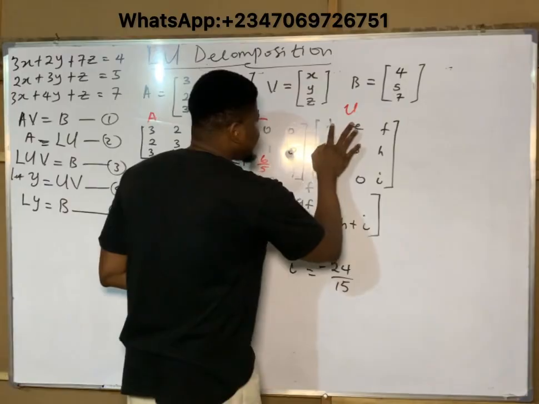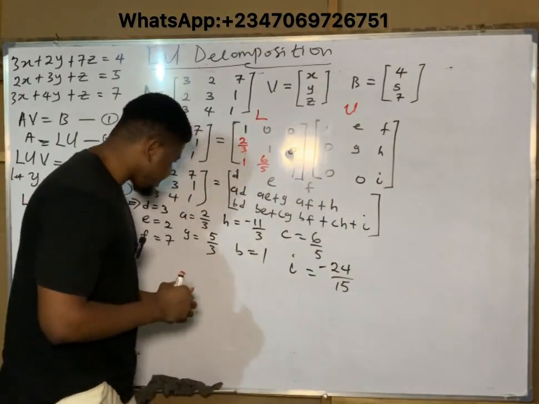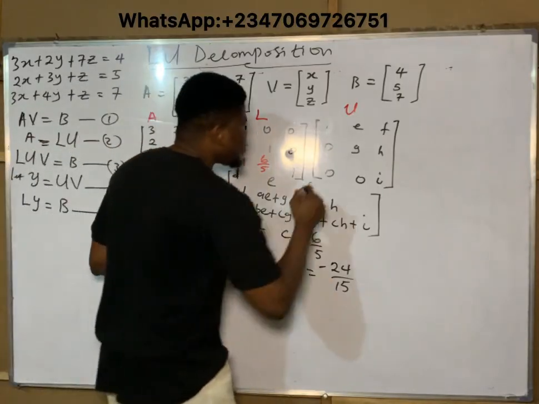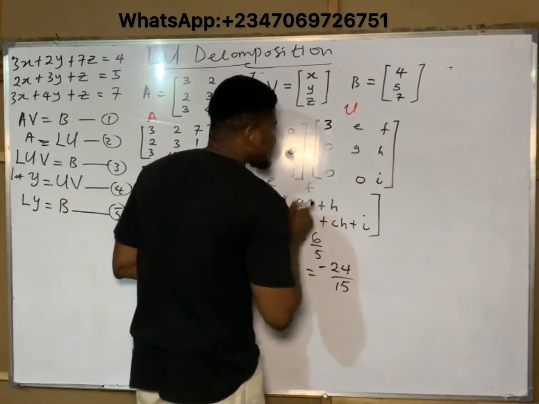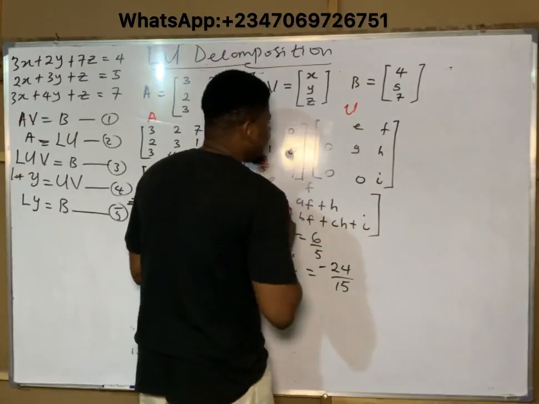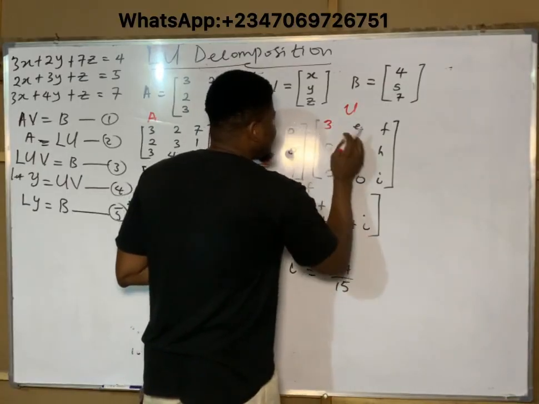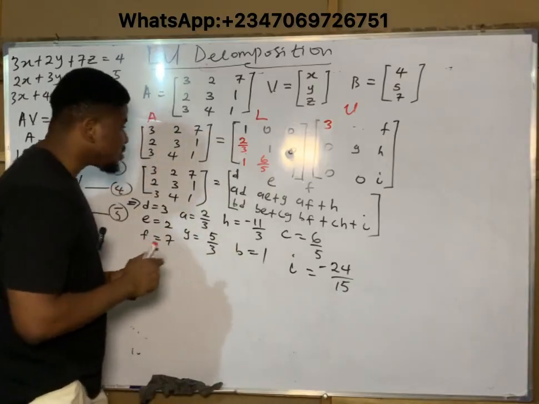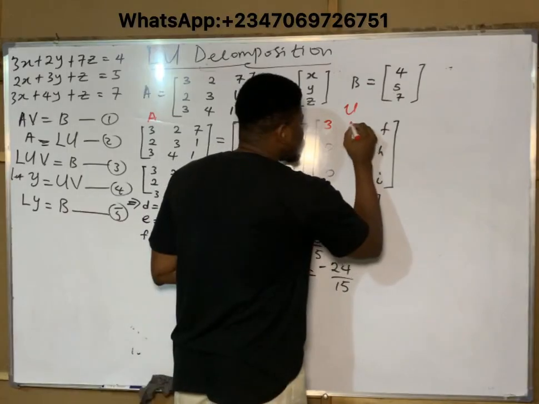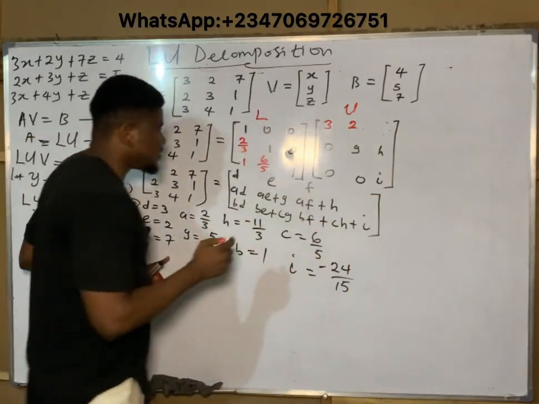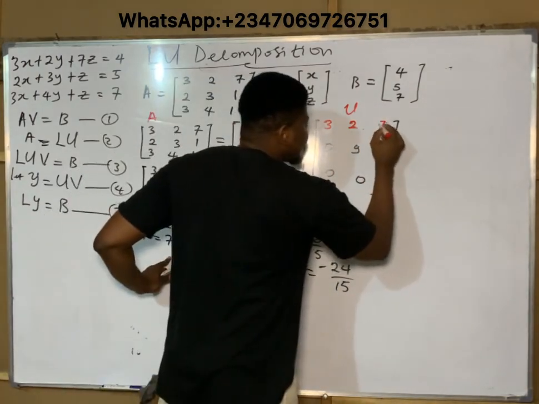I have D here. D gave me 3. So we have here to be 3. I have E next. E gave me 2. So I have here to be 2. And then F. F gave me 7. I have here to be 7.